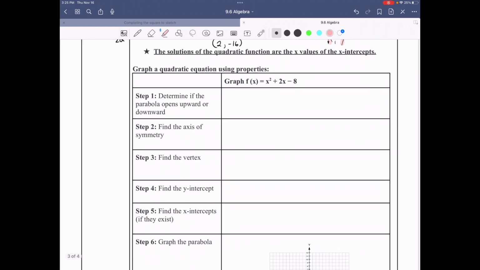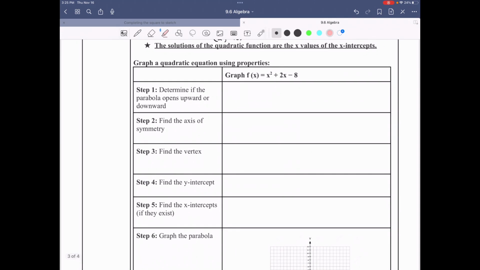Here are the steps to graphing a quadratic using properties. The first thing that we want to determine is if it opens upward or downward. Since a is positive, the number in front of the x squared, see there's no number, it's just 1, so it's positive, opens upward, like this.